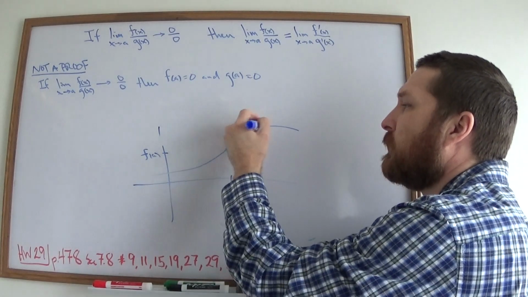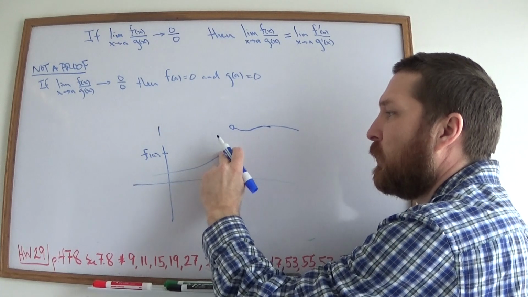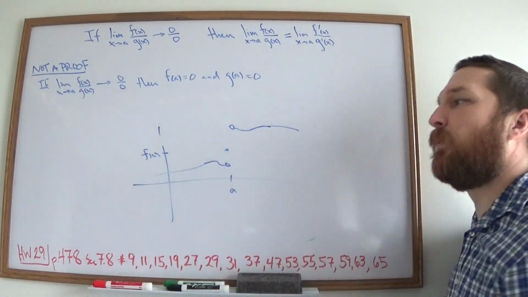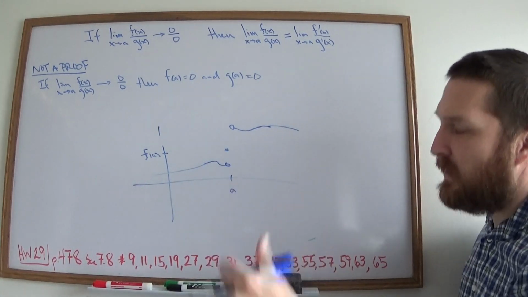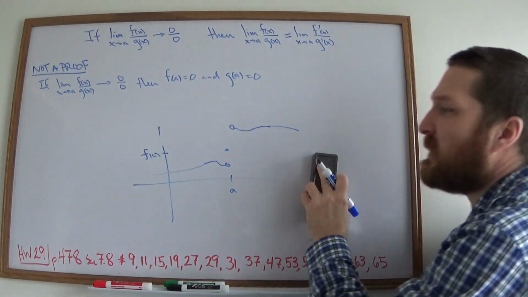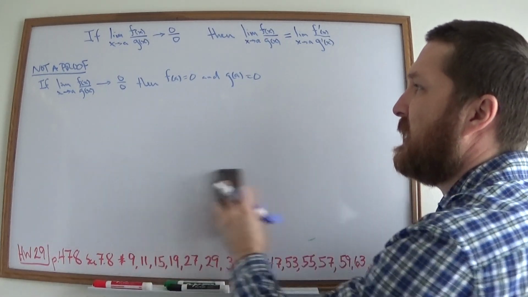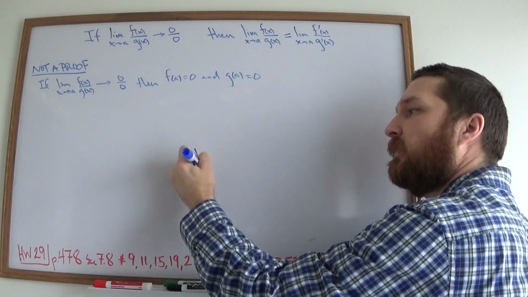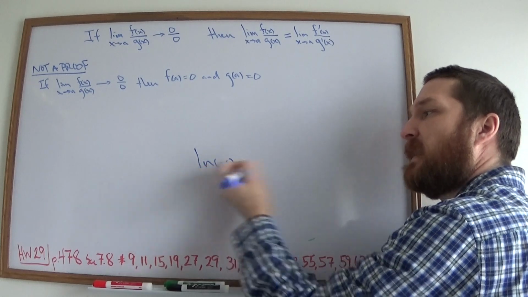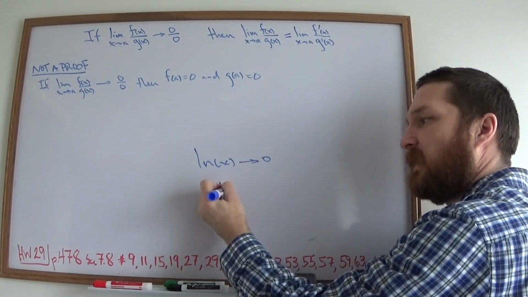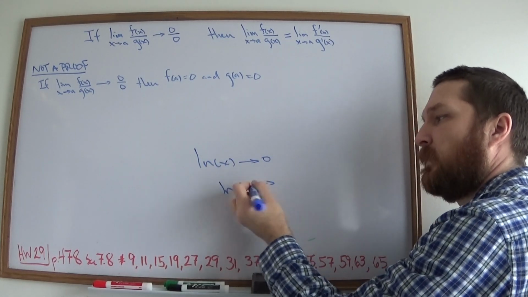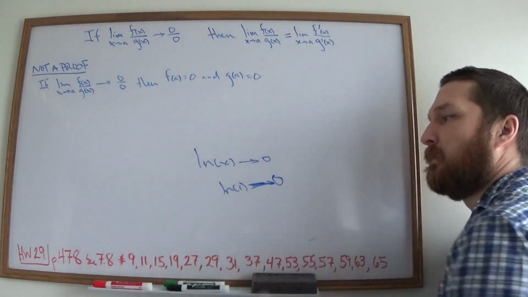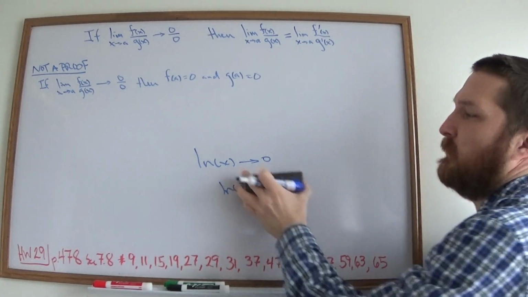There aren't any holes, because then this would no longer be differentiable, would it? So that's all I'm saying here. That's just a fact: f of a and g of a must both be 0. And we saw that earlier, right? Log x as it goes to 1 goes to 0, and indeed log of 1 is 0.